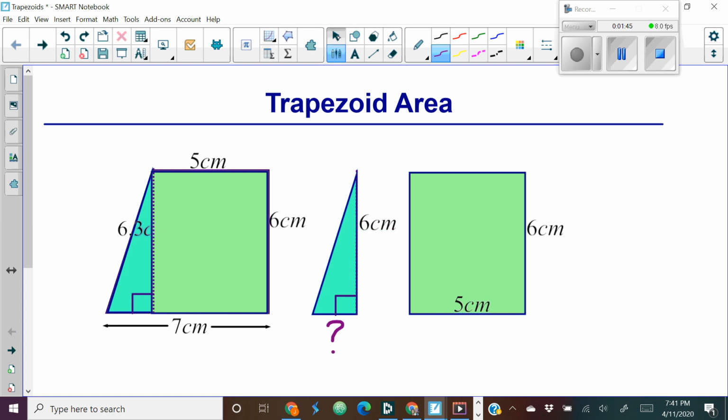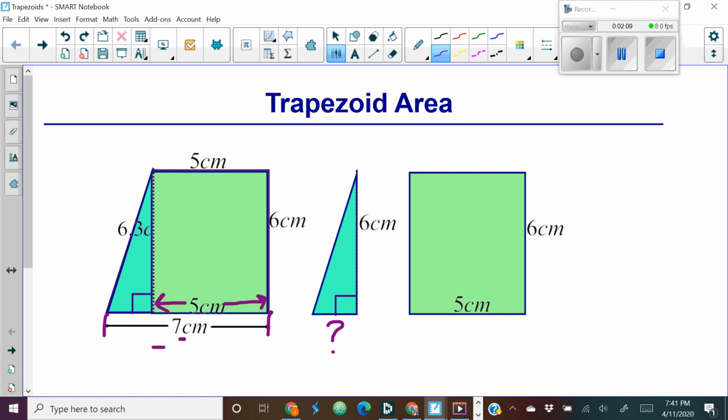So we have to study the original figure. And if we look at the base up here of 5 and bring it down here, that 5 is the distance from the left side of the rectangle to the right side of the rectangle, where the 7 is the distance from the left side of the trapezoid to the right side of the trapezoid.